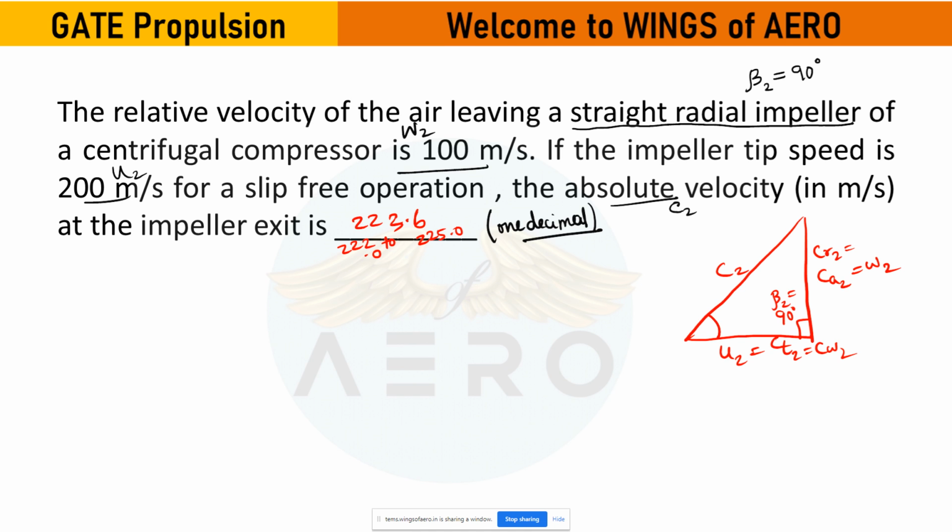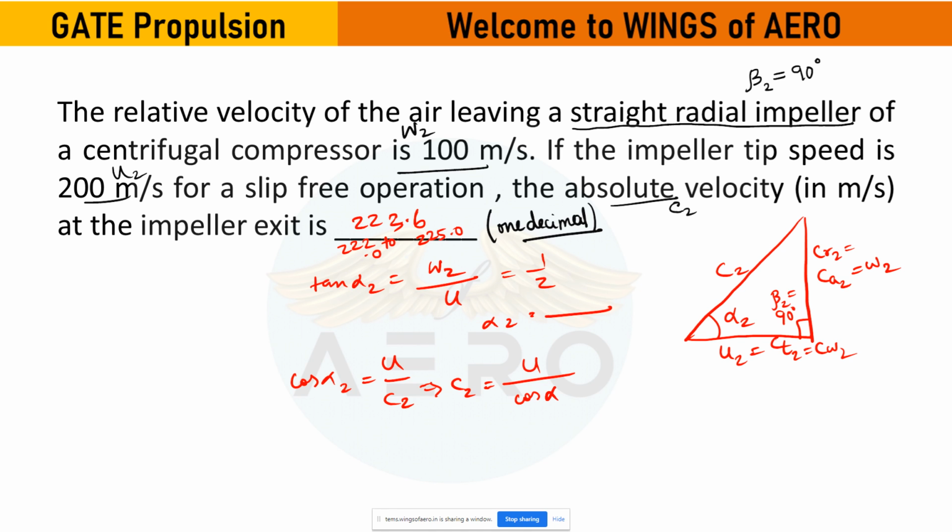First I will find this angle alpha 2 using tan alpha 2 equals W2 by U, so I will get the value of alpha 2. Then I will use another one, cos alpha 2 equals U by C2. Our requirement is to find the C2 value, so C2 equals U by cos alpha 2, and when I solve that we get approximately 223.6 meters per second.